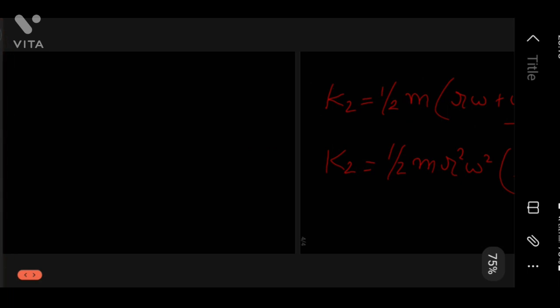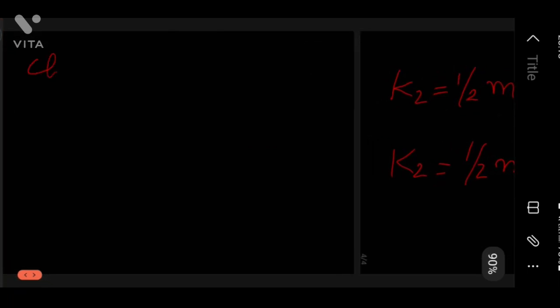So, changing kinetic energy. When I do this work, the kinetic energy will increase. The work will be converted to kinetic energy.